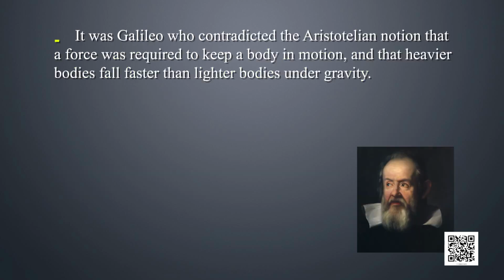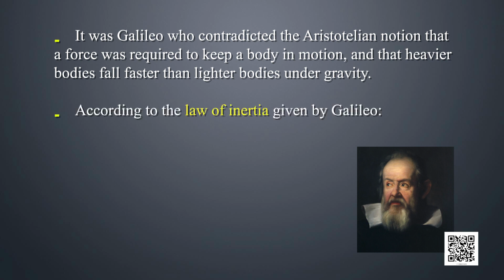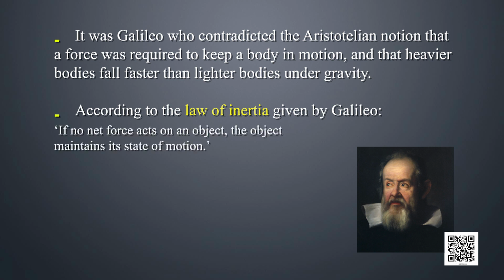It was Galileo who contradicted the Aristotelian notion that a force is required to keep a body in motion, and that heavier objects fall faster than lighter objects under the force of gravity. According to the law of inertia given by Galileo, if no net force acts on an object, the object maintains its state of motion.